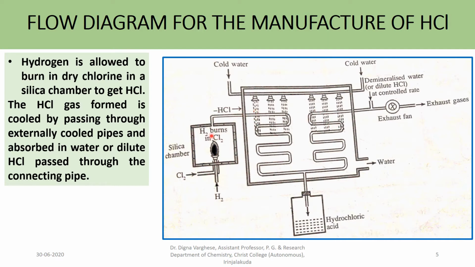Here the issuing HCl gas is passed through externally cooled pipes, that is the cold water is passing through this and it gives some cooling effect to the highly hot HCl gas, and this cooled HCl gas mixed with the demineralized water or dilute HCl at a controlled rate is passed into the tube in this direction, and these are mixing together and forming hydrochloric acid that is collecting here.